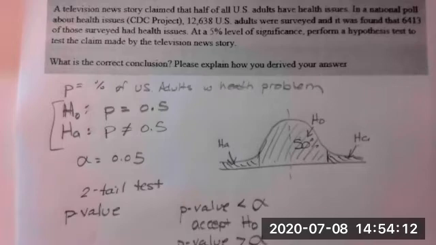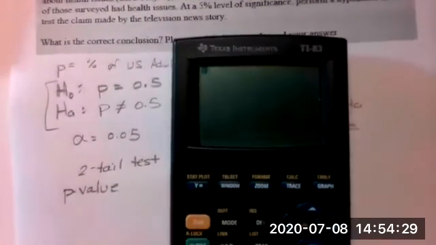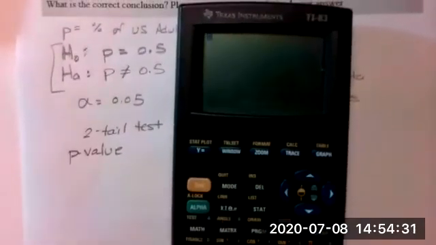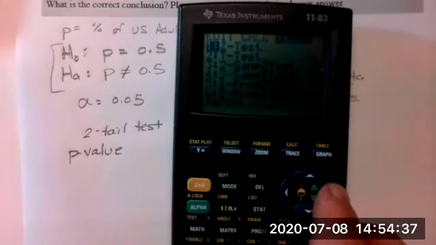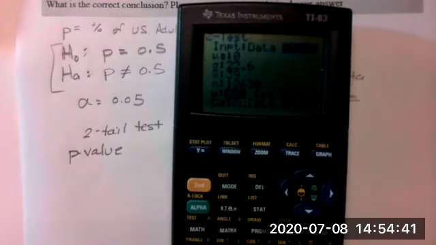So we'll calculate that p-value. There are some different ways of doing this. There are some videos out there that show you how to do it in Excel, and some that show you how to do it with your calculator. I'm just going to use my TI calculator here. I don't know if you'll be able to see that. The way that I'm going to do this is I'm going to go to stat and then over to test. Sorry, let me try this again.